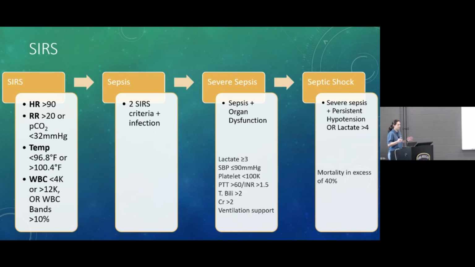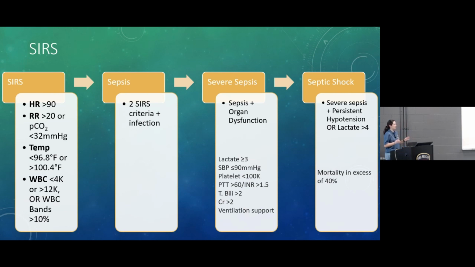For y'all in the field, you'll only have 3 of these maybe. Hopefully you all should have 2, the heart rate and the respiratory rate. I know sometimes we don't have working thermometers. But for this to be positive, 2 of the 4 have to be there.